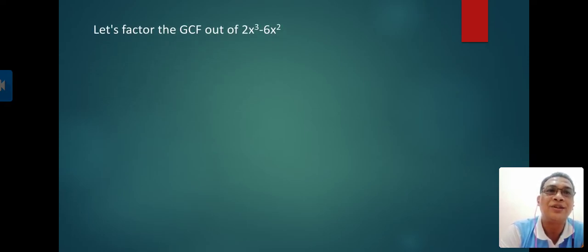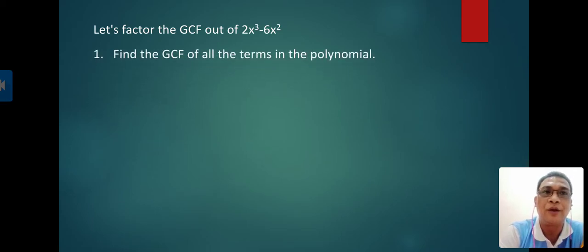Let's factor the GCF out of 2x cubed minus 6x squared. Our first step is to find the GCF of all the terms in the polynomial.